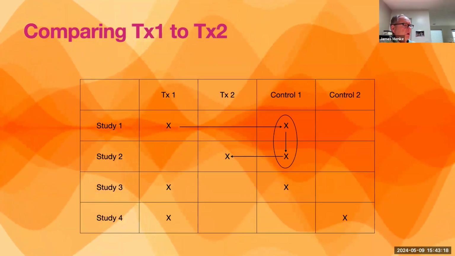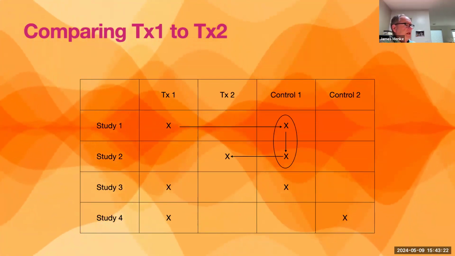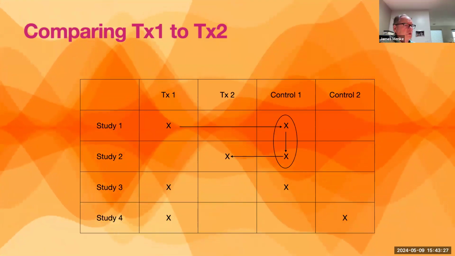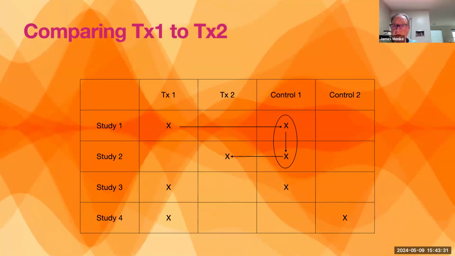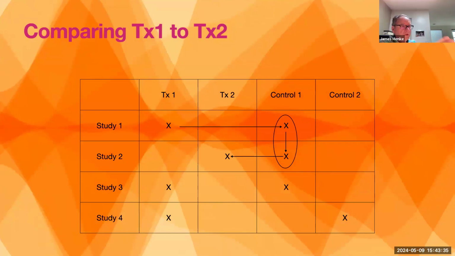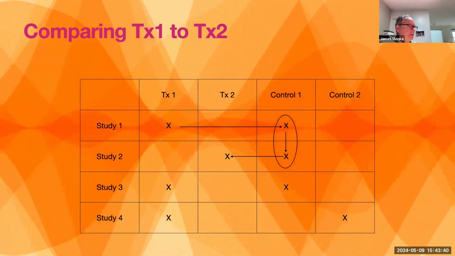So the indirect method works sort of like this. You've got study one that has a treatment one and a control one. Control one might be treatments withheld, or might be a placebo. Control two might be another version of not getting a treatment.